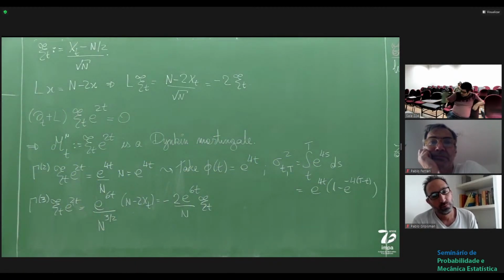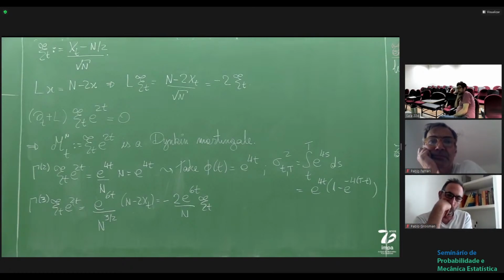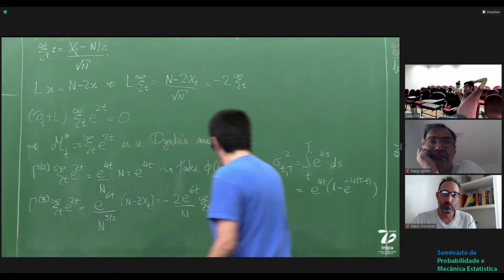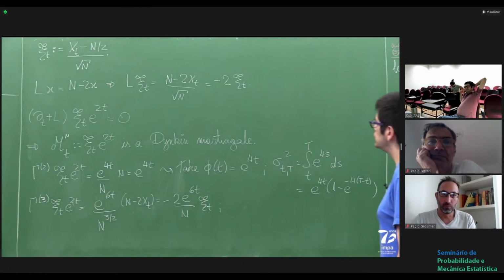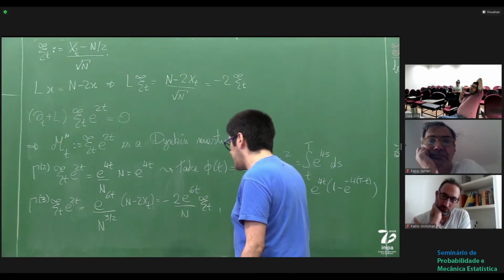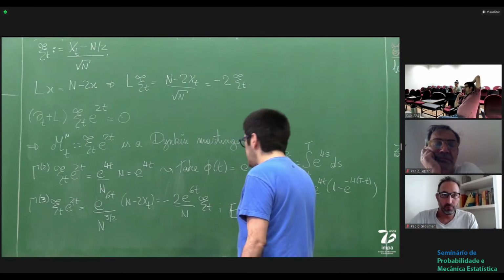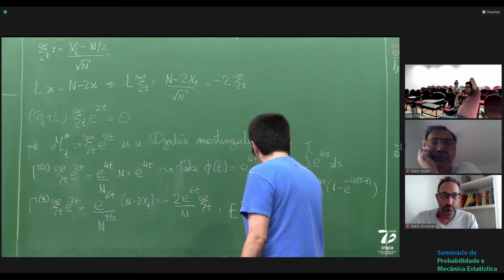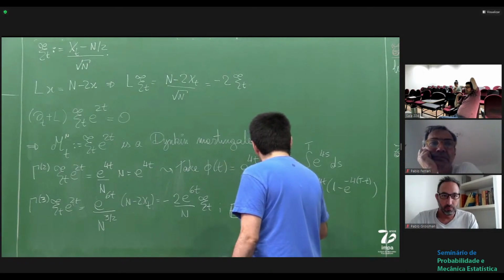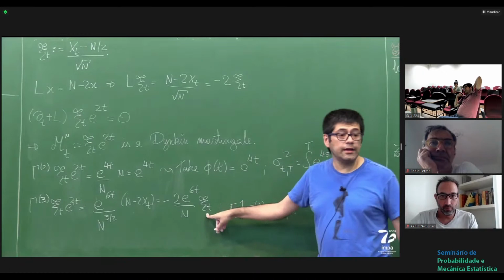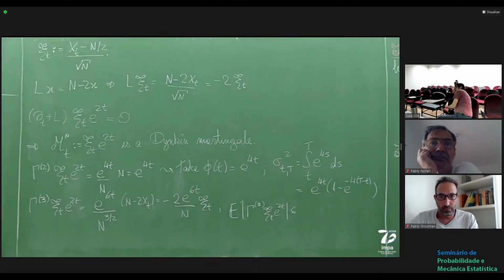Okay, so let me go here because for the moment I don't want to throw away the theorem. So you see that the expectation of gamma 3 is less or equal than, so here you have psi t, okay?